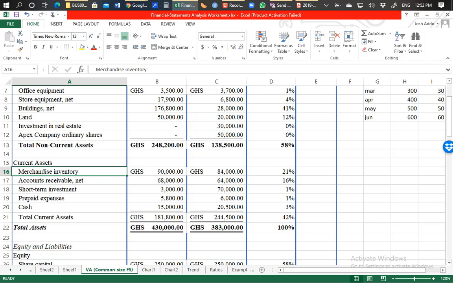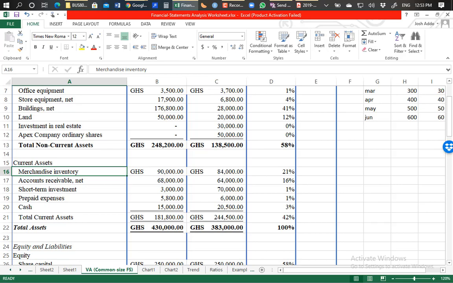In other words, when I do 21% times 430,000, it should give me 90,000. The sense is that this is our total asset, and for every other element, what fraction does it hold of the total?